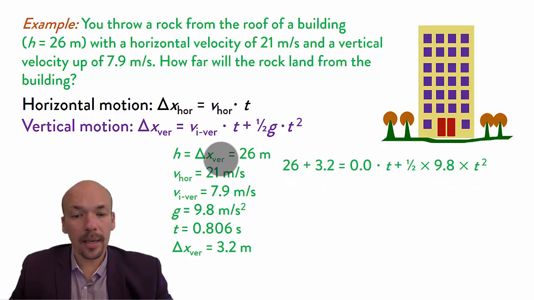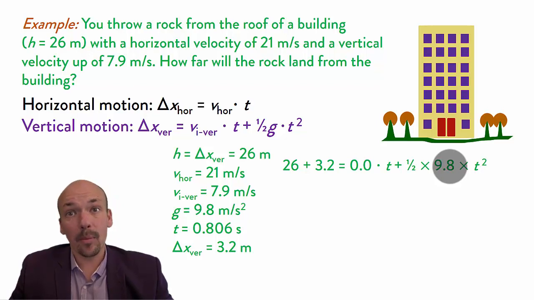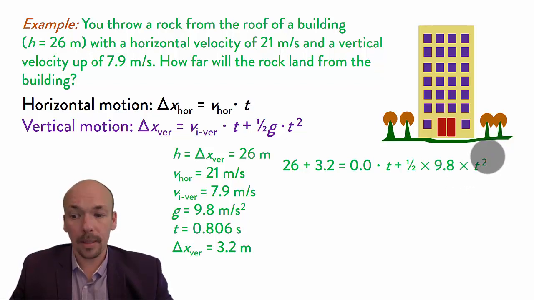This is the equation. We have the displacement, which is 26 meters because we were already on the top of the building, plus the 3.2 which it just got by going up. So that's the displacement, the vertical displacement. We have an initial velocity of 0 because it's at the highest point, so it has no velocity. Multiplied by the time, we don't know the time yet, that's the one we are going to calculate. Plus a half, multiplied by 9.8 because now the acceleration is going in the same way as the motion, multiplied by time squared, and we don't know the time yet, so that's the one we actually need to calculate.